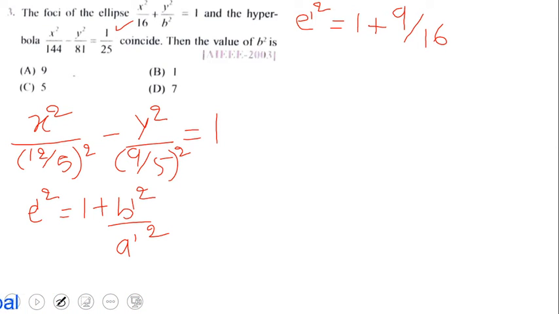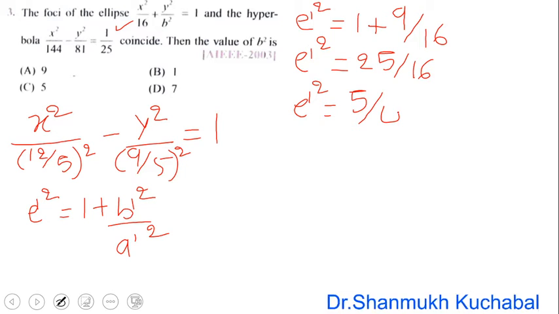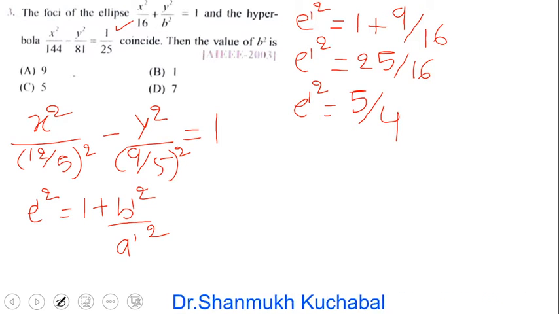Okay, so e dash square equal to, then we have to simplify this further. The simplification is to take the LCM as 16, plus 9 in the numerator, 25 divided by 16. So e dash we are going to get as 5 divided by 4, this is the eccentricity. Then we use the formula for the foci of a hyperbola.